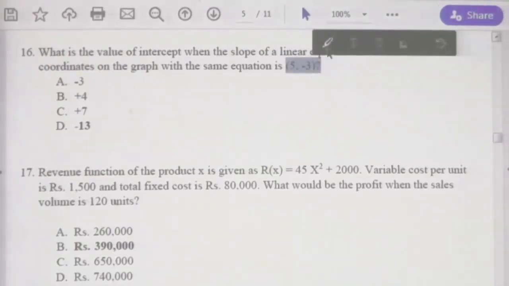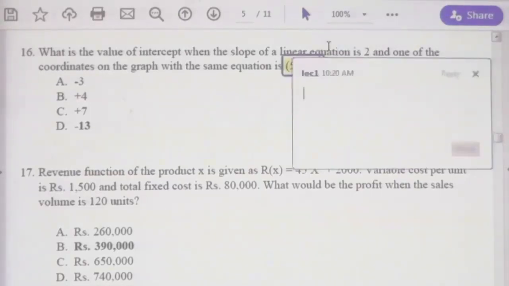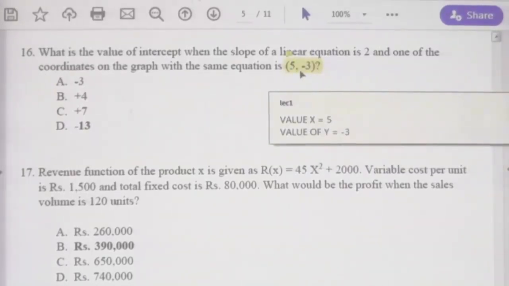When the coordinate is given like this, it means the value of x equals 5 and the value of y equals minus 3.